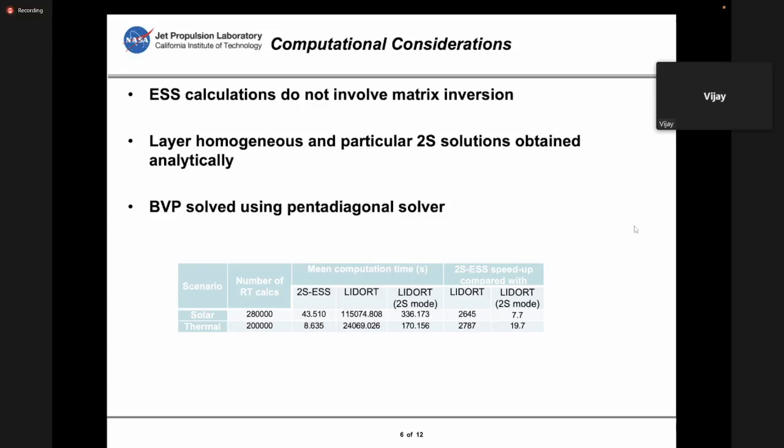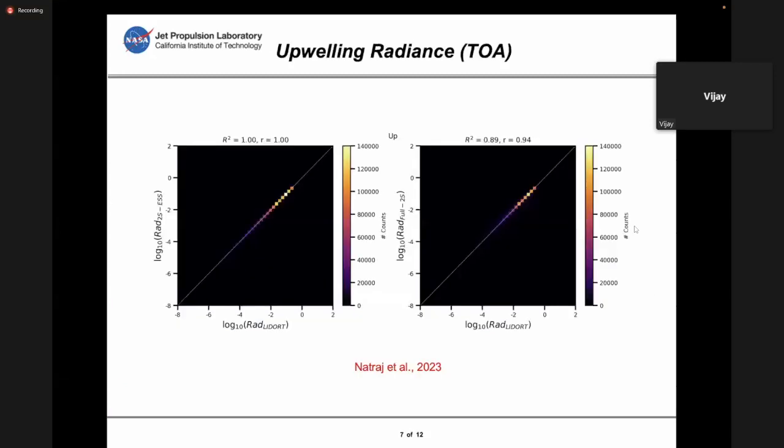And further, the 2SESS is about 8 and 20 times faster, respectively, than LIDORT in two-stream mode for the same scenarios. And this demonstrates the impact of using analytic formulas for the two-stream calculations as opposed to the matrix computations used in numerically exact models, such as LIDORT in two-stream mode.